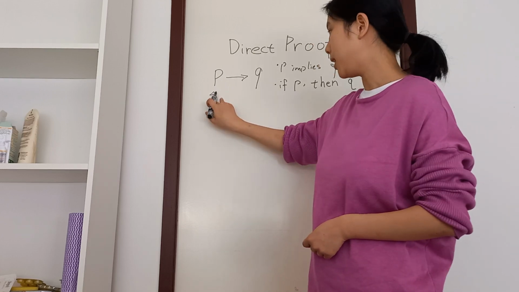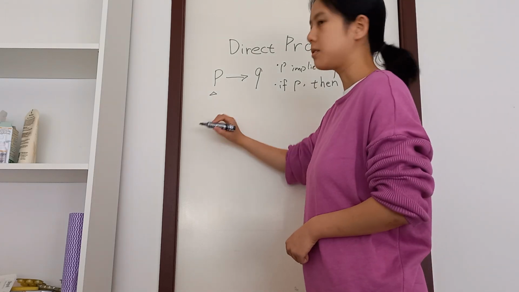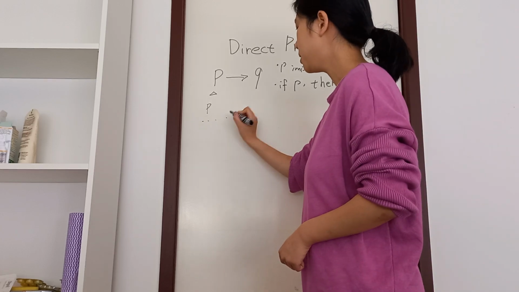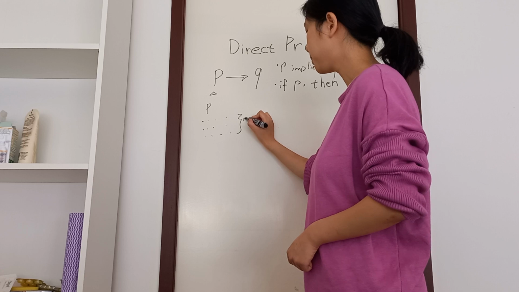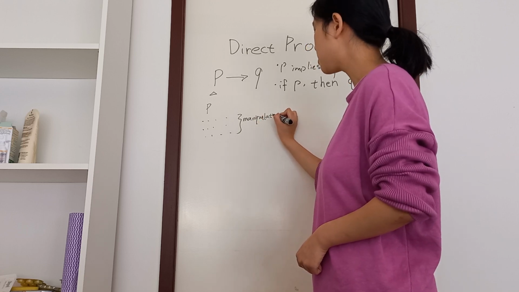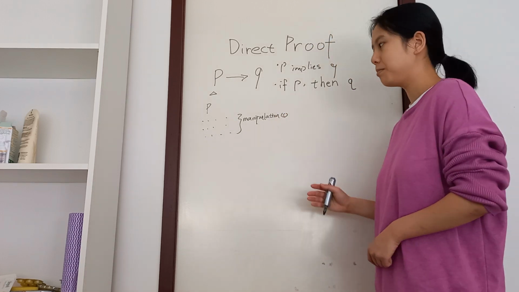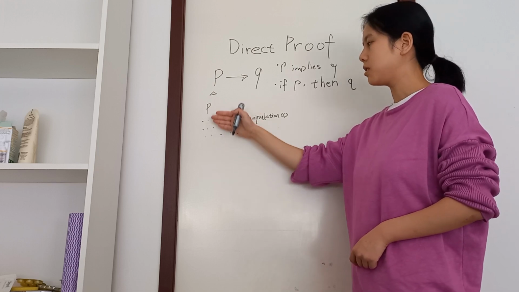You start from P, you write out the statement of P on the first line of your proof, and then you do one or multiple manipulations. Those manipulations have to be mathematically rigid. Make sure you do not make any mistakes in those steps.